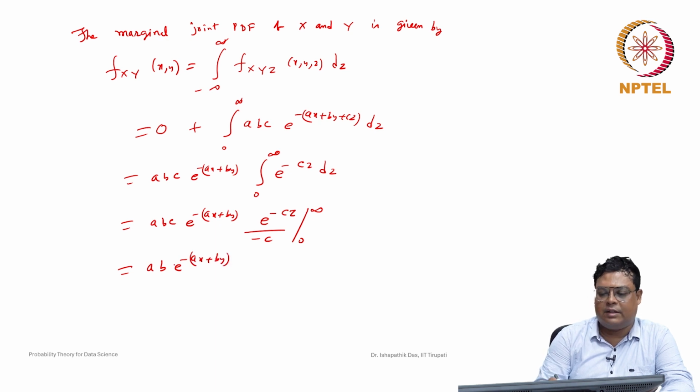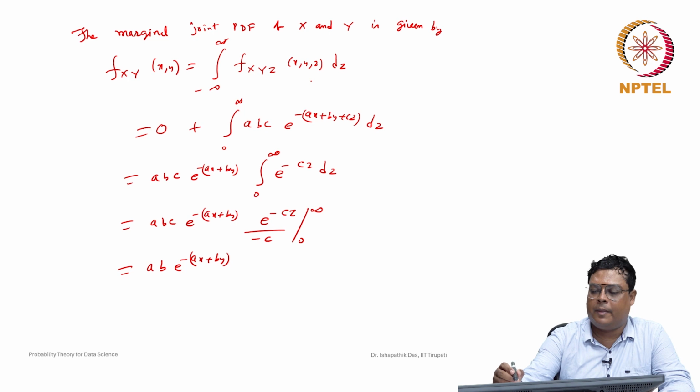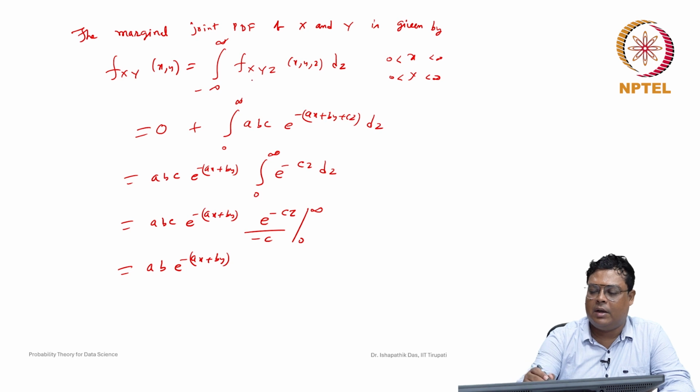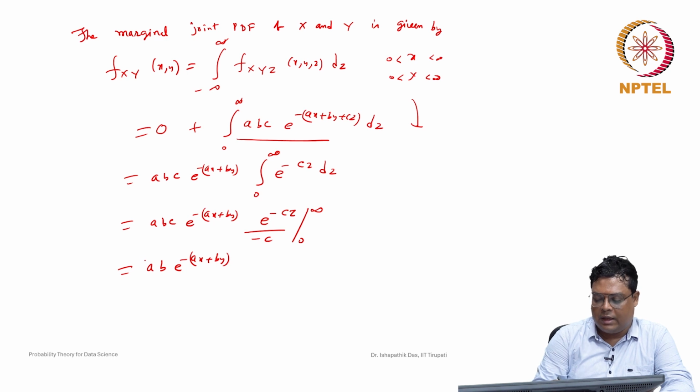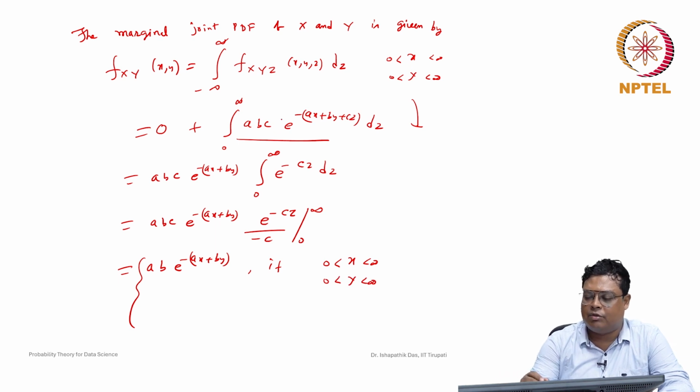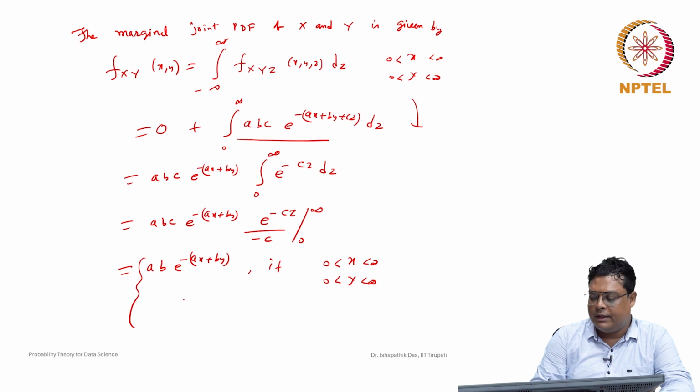This holds whenever x is greater than 0 and less than infinity and y is greater than 0 and less than infinity. Otherwise, if it does not satisfy this, it will be 0.